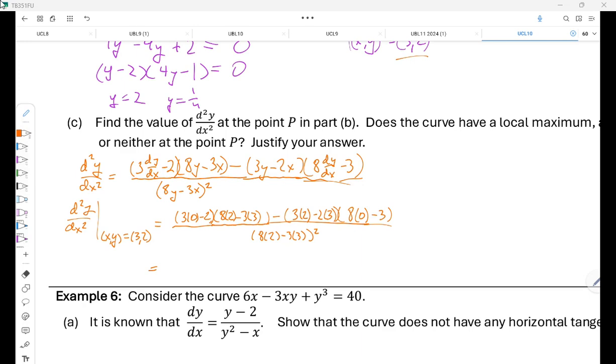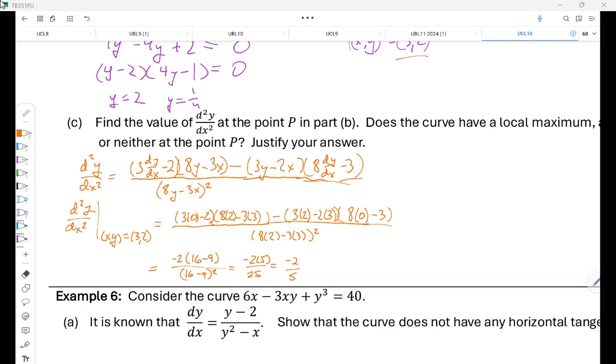And really, I just have negative 2 times this over that same thing, but squared. So this is negative 2 times 16 minus 9 over 16 minus 9, but squared. Negative 2 times 5 over 25, which is negative 2/5.